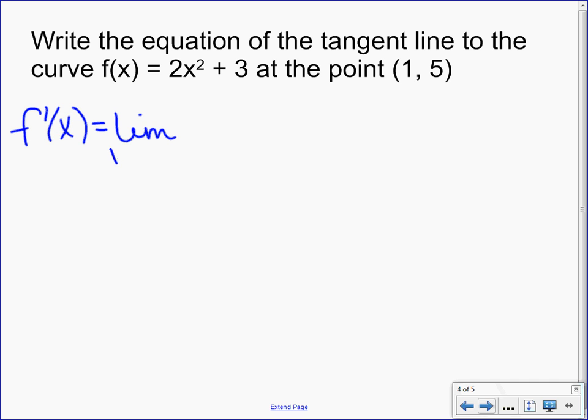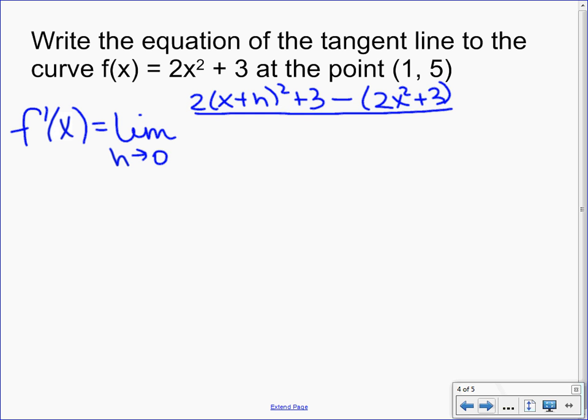So the limit as h approaches 0 of f of x plus h, 2 times x plus h squared plus 3, minus f of x. Remember, subtract the entire quantity, all over h. Now we can do some math in our head. We know what x plus h, the quantity squared, is. We just did it in the last example.